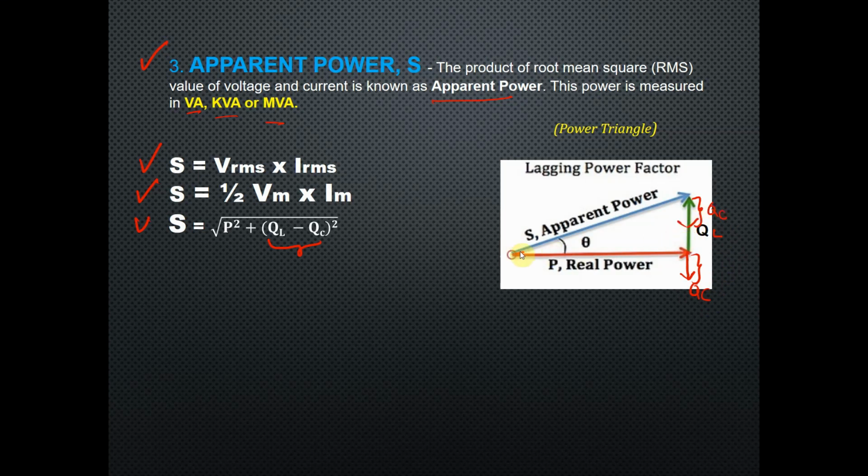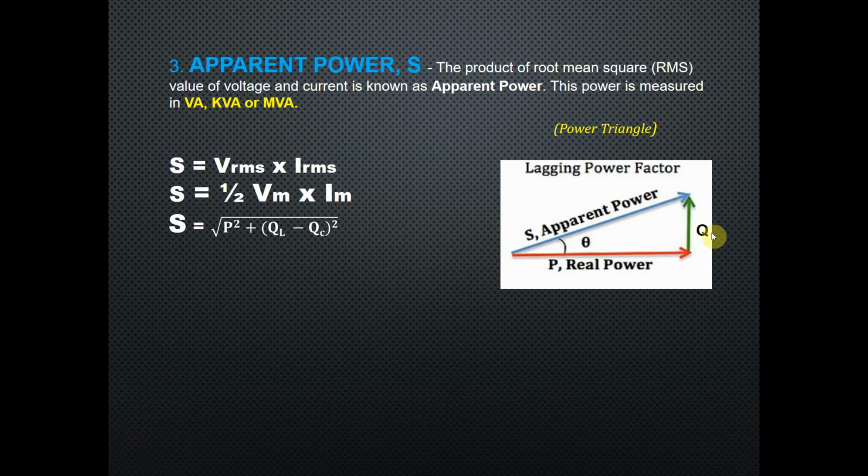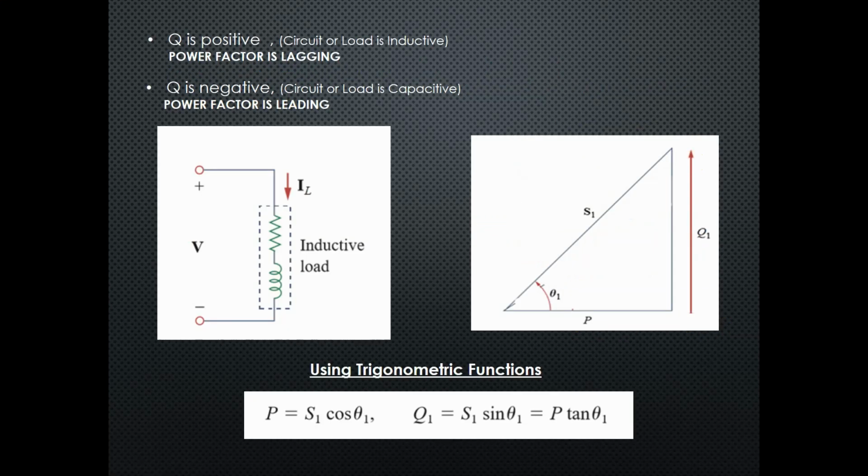So here now is our S. From this figure, it means that the Q here is equal to QL minus QC. This is the power triangle of a given circuit. Now, when Q is positive, power factor is lagging. When Q is negative, power factor is leading.